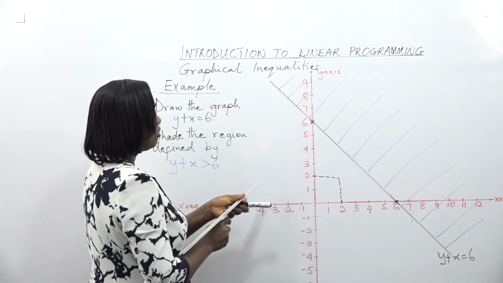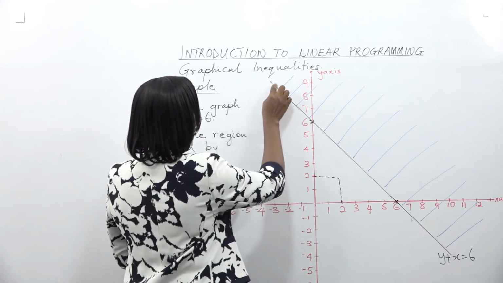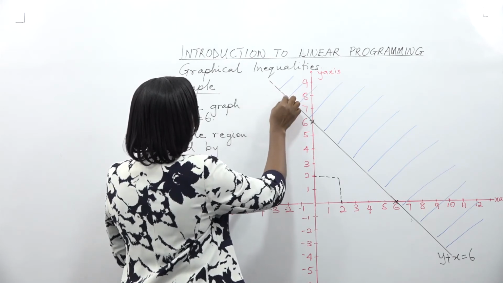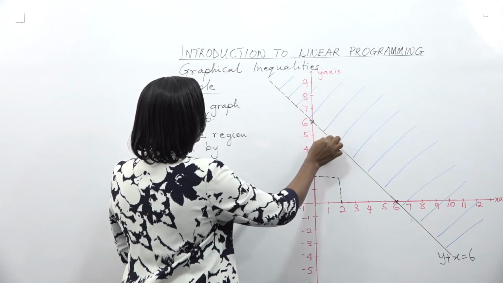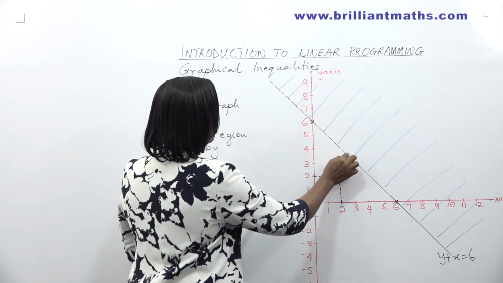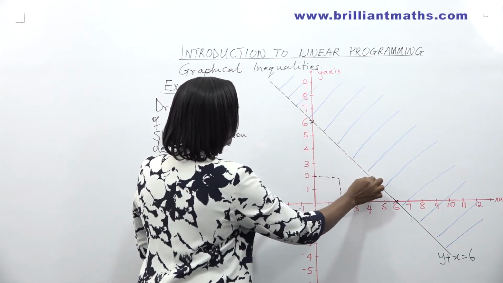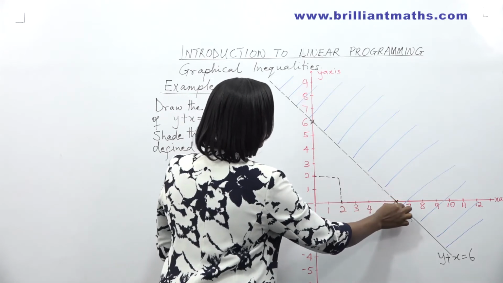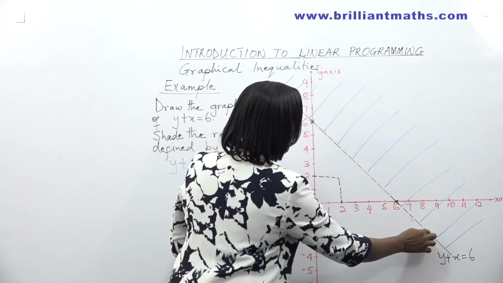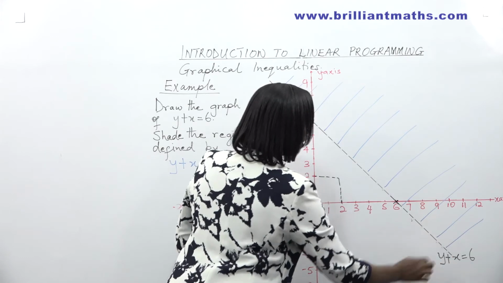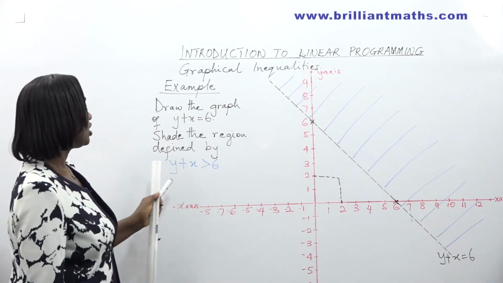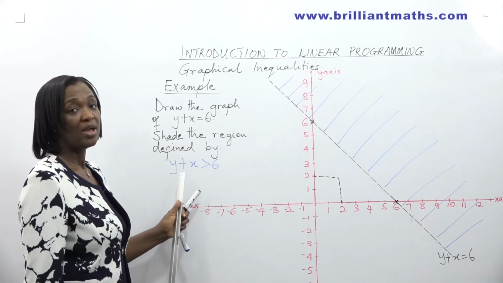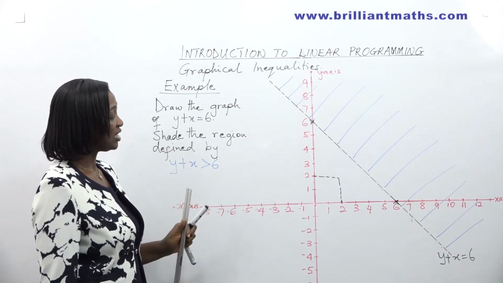It should be a broken line, because 6 is not part of the solution. So the shaded region is the region defined by y plus x is greater than 6.